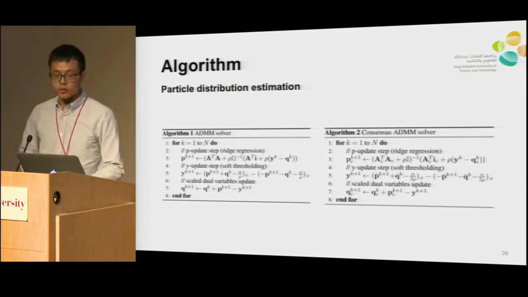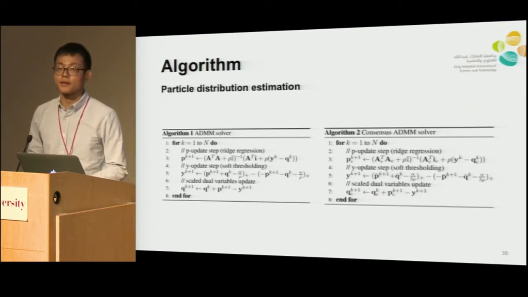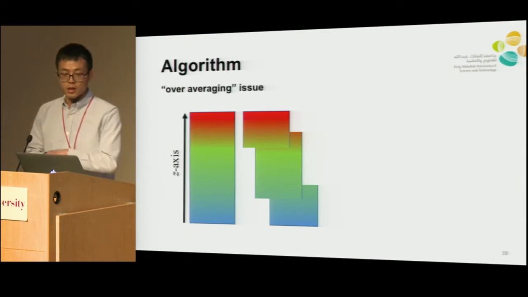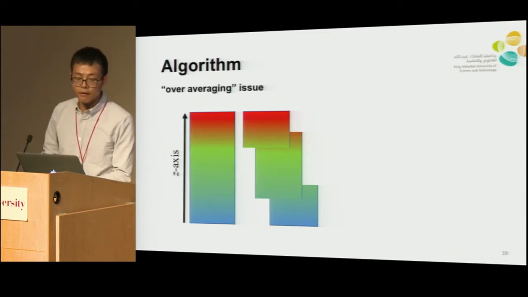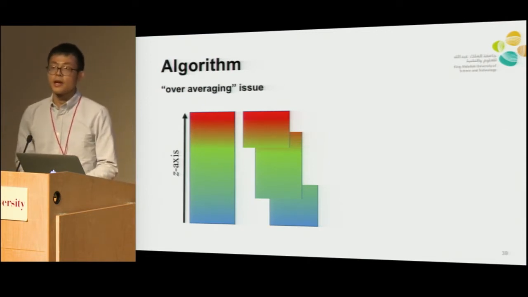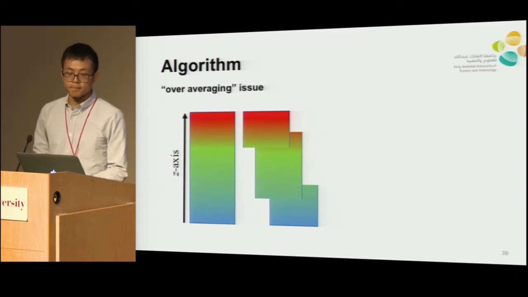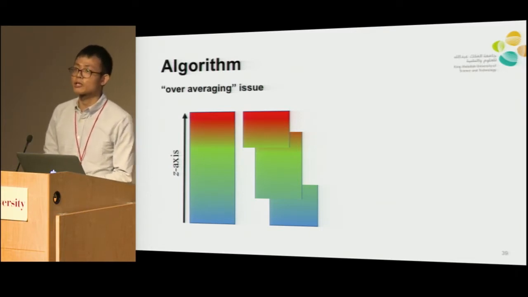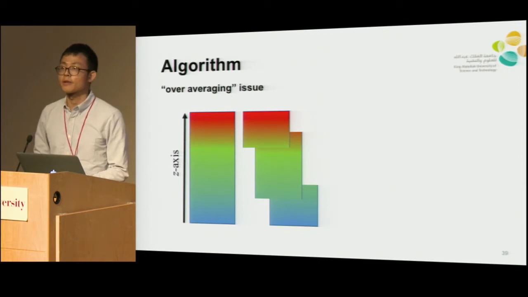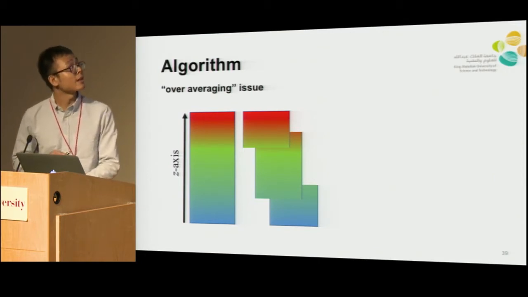While there are 2 issues arising for this consensus strategy. The first one is the over-averaging issue. In our case, the generated rainbow covers a broadband of the visible spectrum ranging from blue to red.